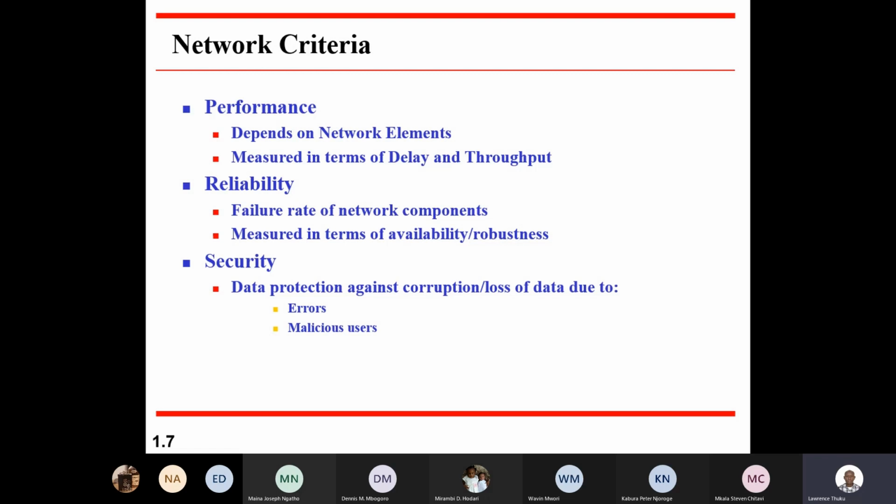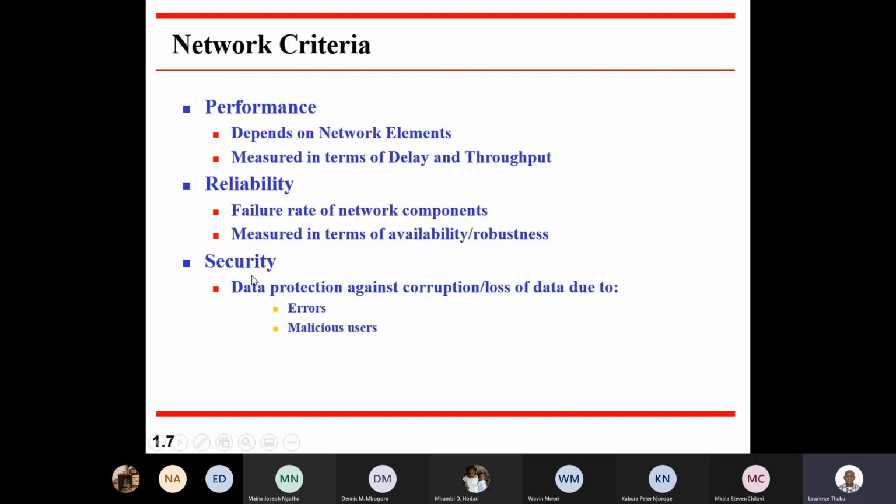Robustness is, if I came here at night at midnight, will I still find the same service as I have been finding right now? And if so, then it is important for me to have that robustness of the system itself.